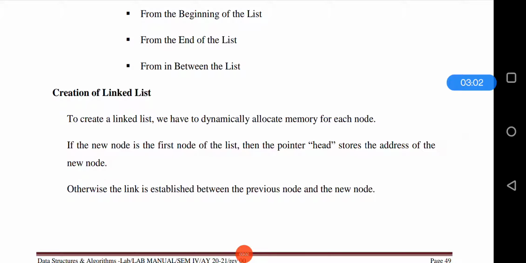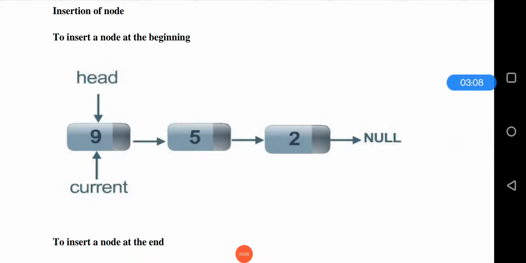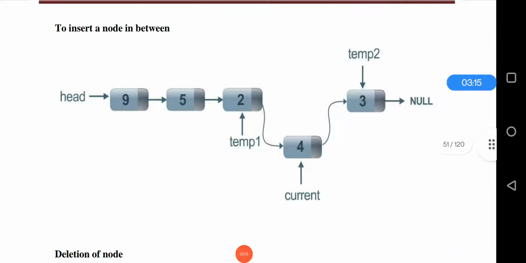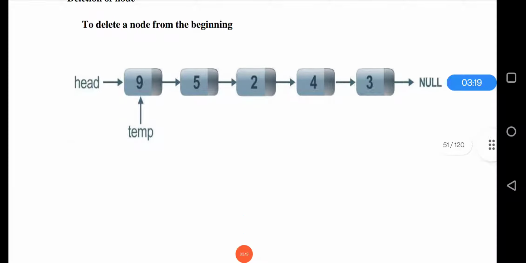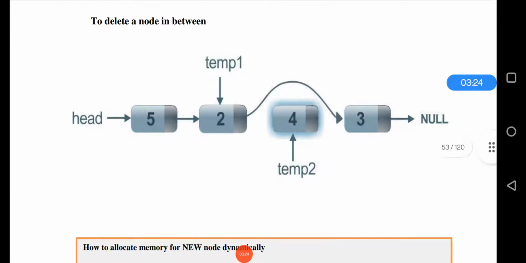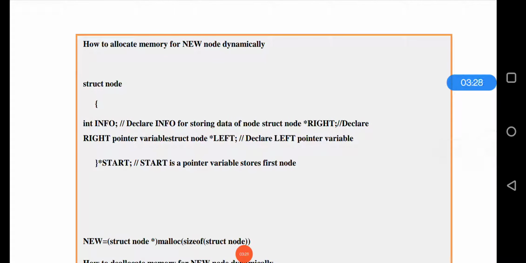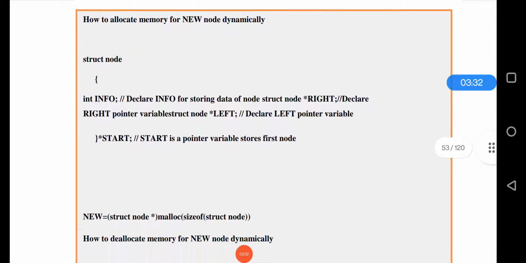To create the linked list, we have to allocate the memory and we have to use the head pointer as well. This is the single linked list where we are inserting the node. The first node is nothing but head, always keep in mind. Whenever we are inserting an element, we have to keep track of the previous pointers as well as the next pointers. For DLL and single linked list, both will be the same, in that we allocate memory to the new node.